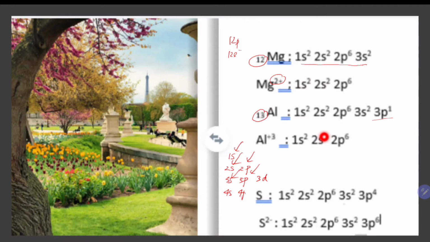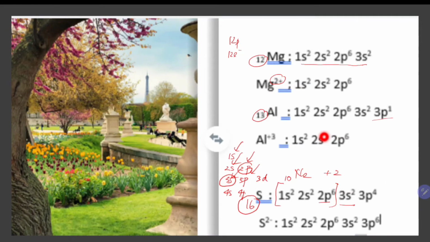For sulfur, number 16, until neon with 10 electrons, until 2p6 here. Then we continue with 3s2, 10 plus 2 is 12, and then the number of electrons is 16, so the rest is 4.